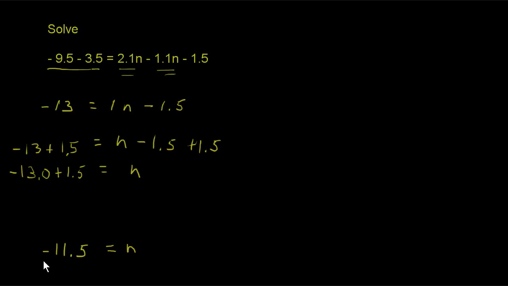That combined together gives us the negative 11 5/10. Remember, when the signs are different, we just take the difference of the two numbers. 13 subtract 1.5 is 11.5, and we take the sign of the larger of the two numbers, and that's a negative.